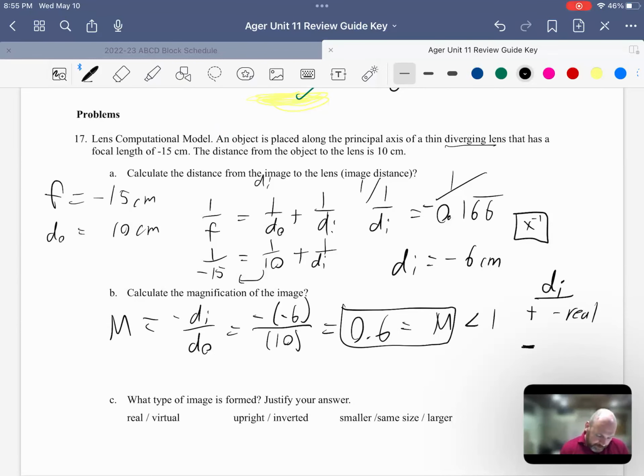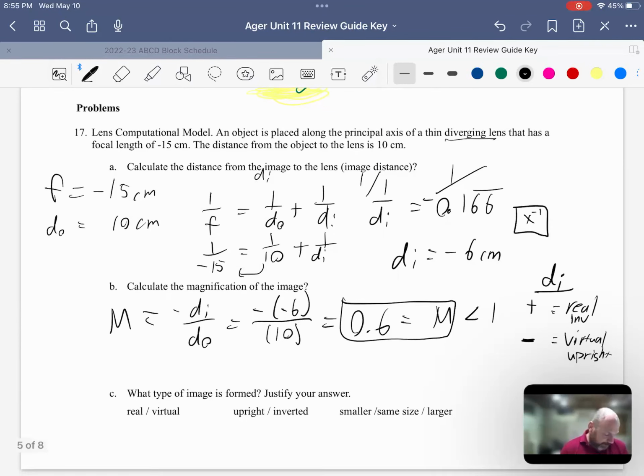If the distance is negative, then I know it's a virtual image. Now, you're smart though, and so you know that real must also be inverted and virtual must be upright. So you can add those two together. And so then we jump down to what image type is formed.